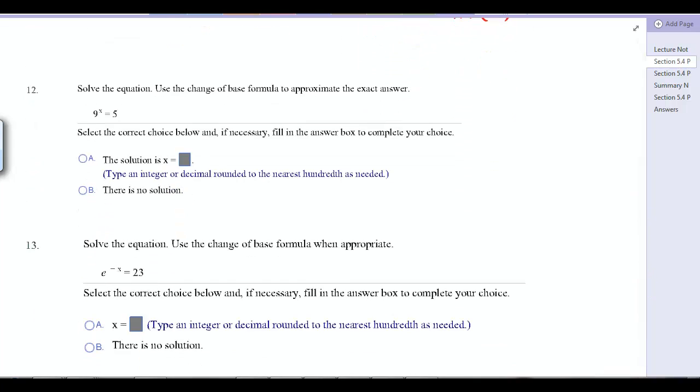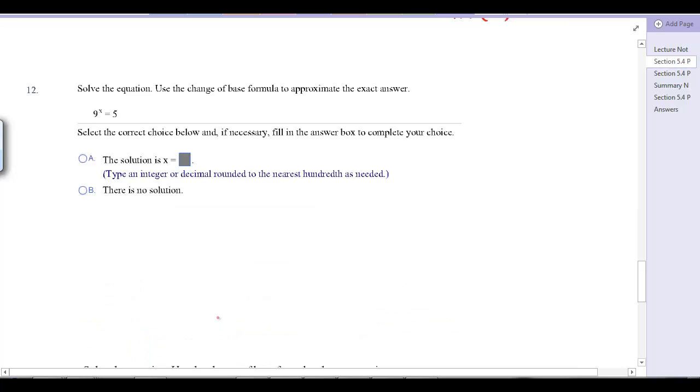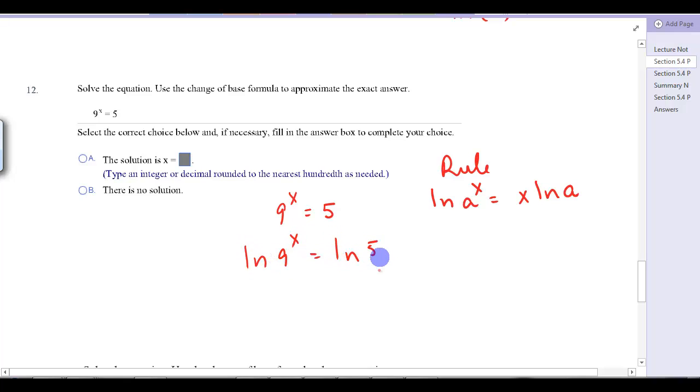All right, number 12. Solve the equation and use change of base if you need to get a final answer. So we have 9 to the x equals 5. We're going to take ln of both sides. Even though we don't have e, we're going to use this rule. ln of a to the x equals x ln a. So ln 9 to the x equals ln 5.